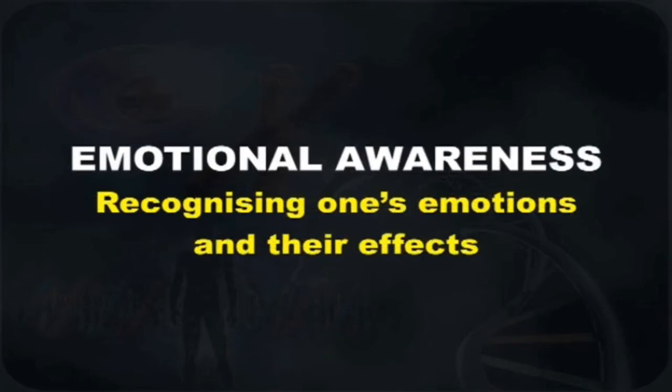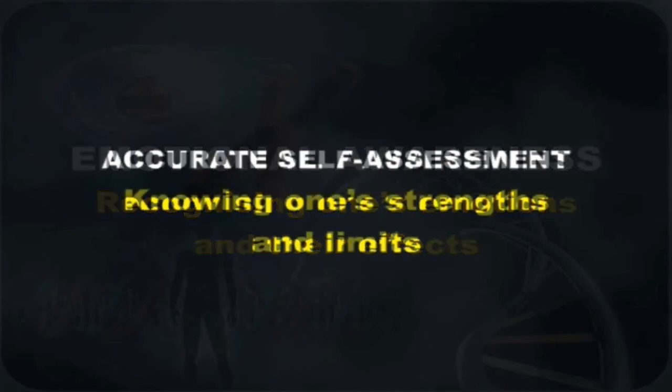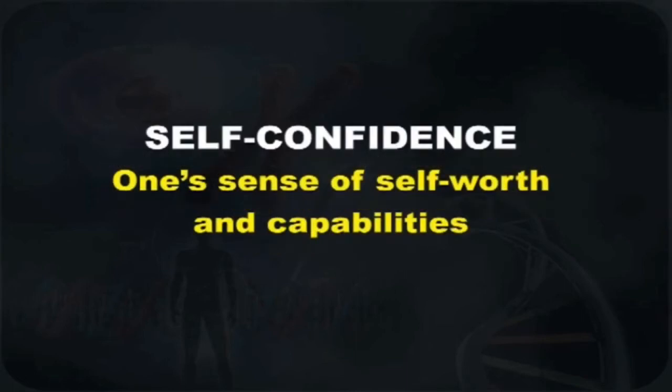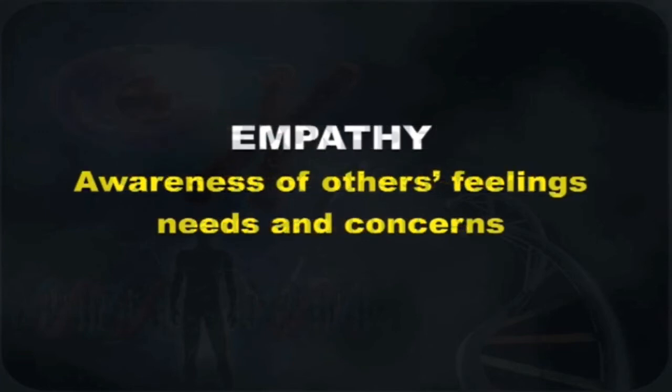Emotional awareness: recognizing one's emotions and their effects. Accurate self-assessment: knowing one's strengths and limits. Self-confidence: one's sense of self-worth and capabilities. Empathy: awareness of others' feelings, needs and concerns.